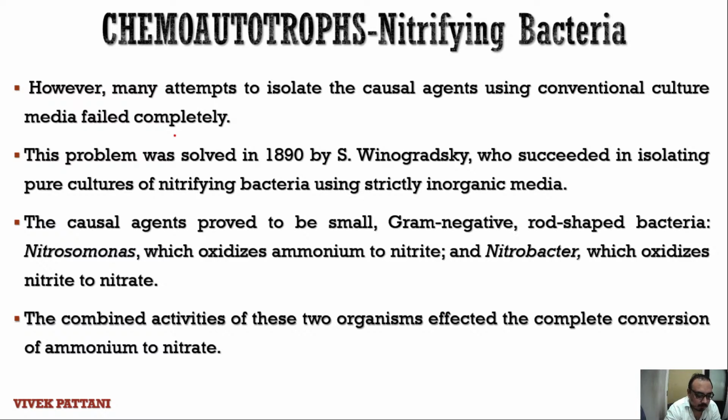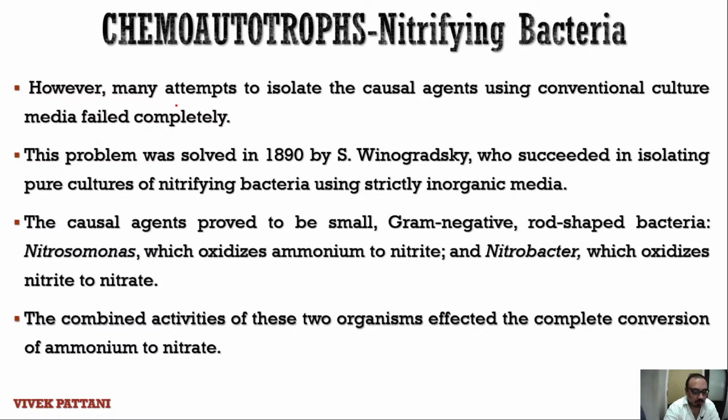Similarly in the case of microbes, ammonium, which is liberated during the microbial degradation of organic material, is diffused into the soil, where it gets oxidized by atmospheric oxygen to yield nitrate.